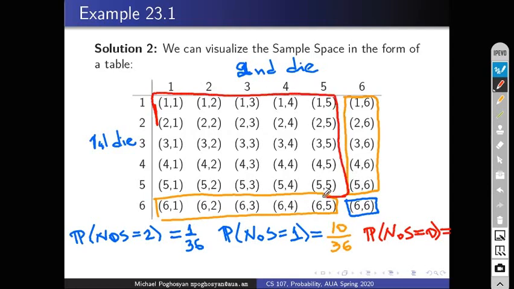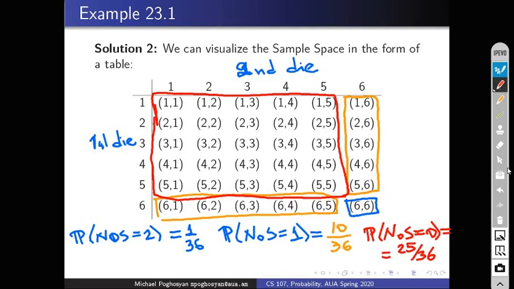Okay. This part. So you can calculate, we have 5 here, 5 here, so 25 elements, or 36 minus 10 minus 1. So this is giving 25 over 36.